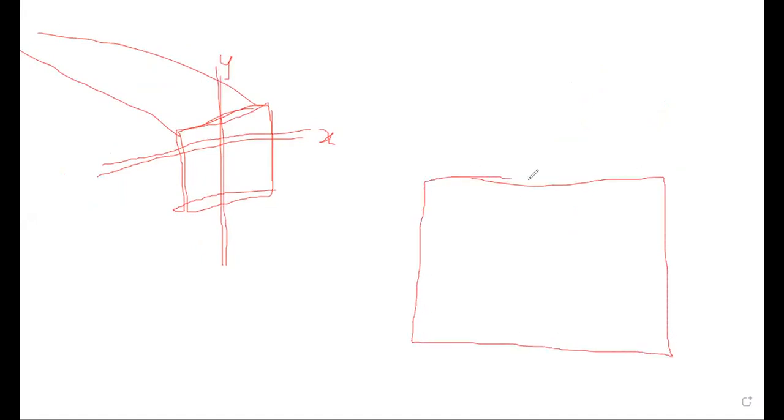X, Y. This is the shorter span and this is the longer span. So it is usually weaker in this direction than this direction. If I see our building, this is building x and building y.